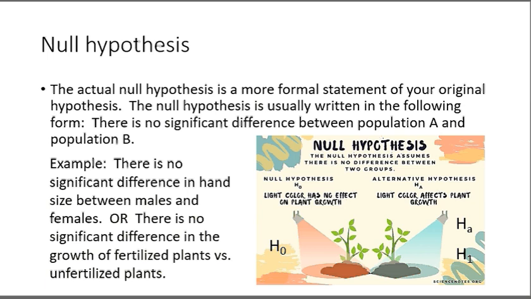The alternative hypothesis symbol is HA, or it could be said as H1. So remember, the null hypothesis symbol is H0, and the alternative hypothesis, once we reject the null hypothesis, has the symbol HA or H1.